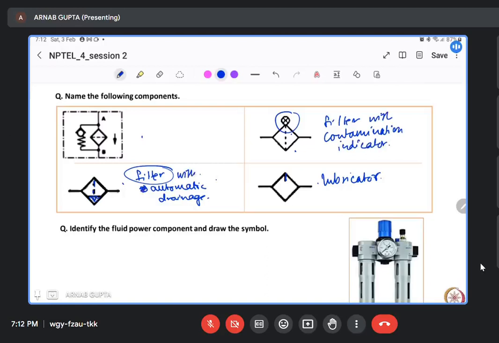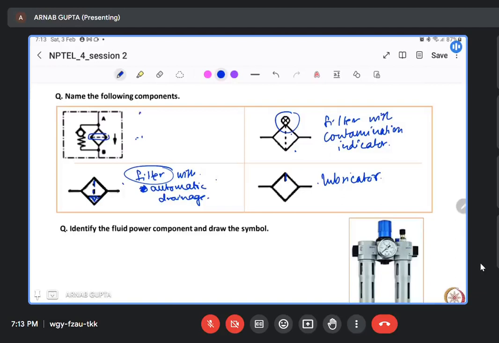And coming to this one, what is this? Is this a filter? It is also a filter, right? Because you have this perforation. But there are two special things with it.